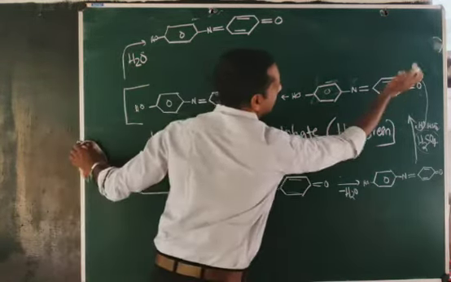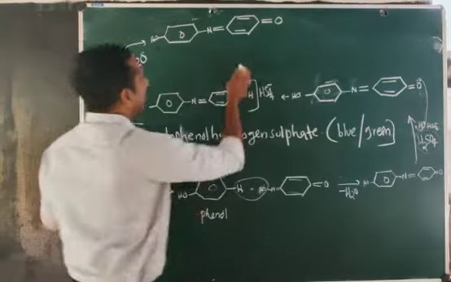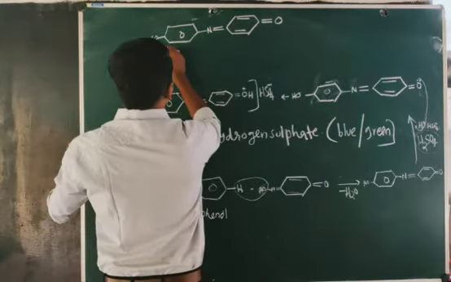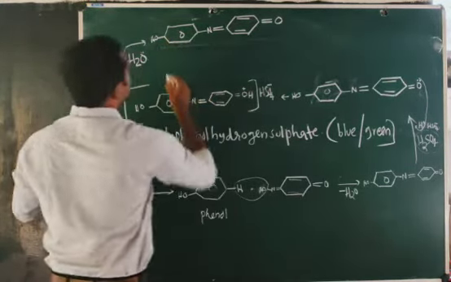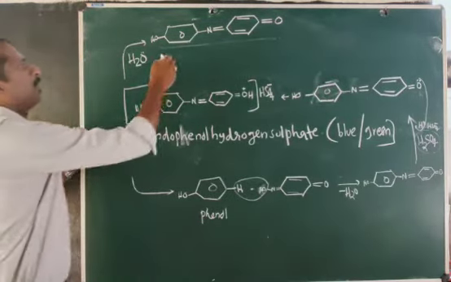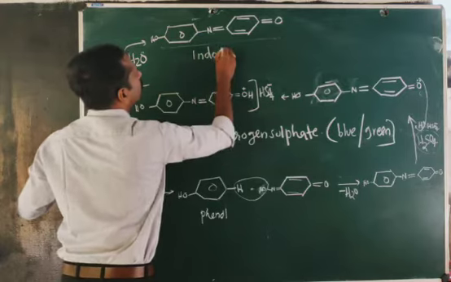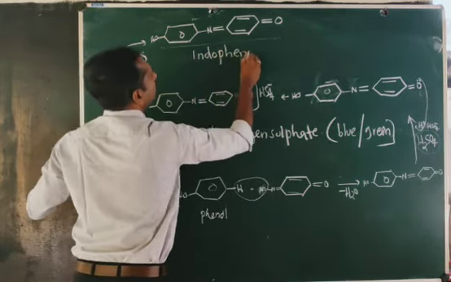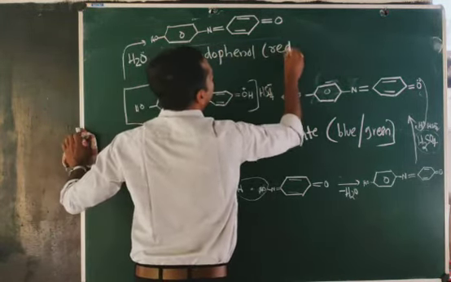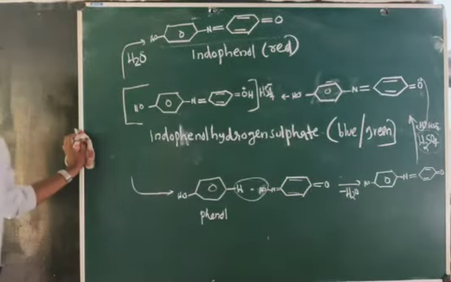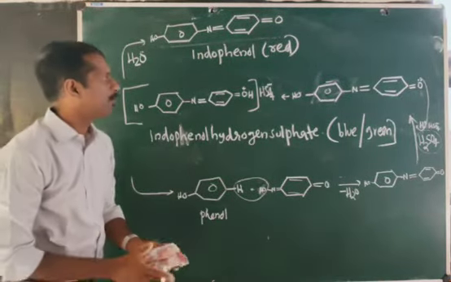Then it will change back to this compound, this structure. What is this structure known as? Indophenol. This is responsible for the red color. Indophenol is responsible for the red color.